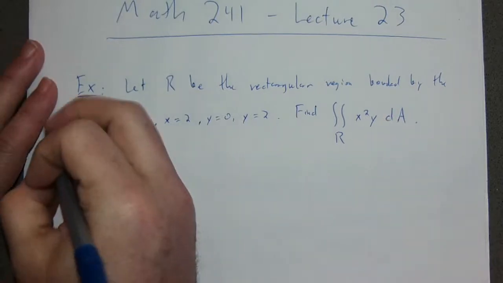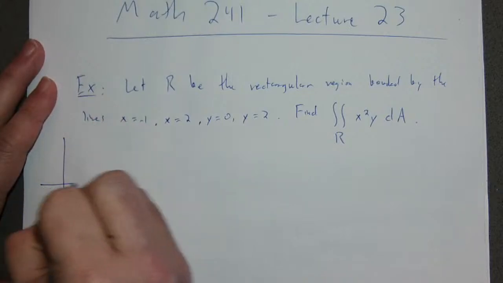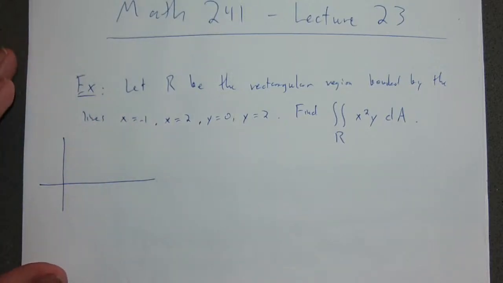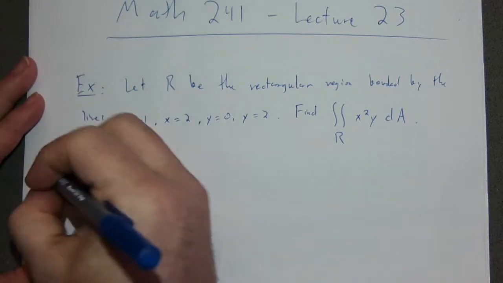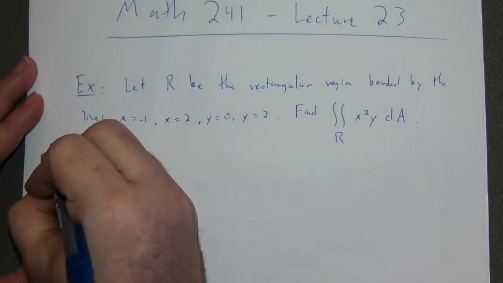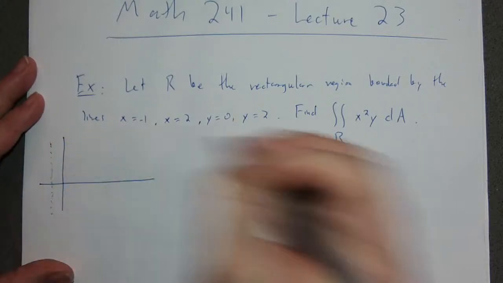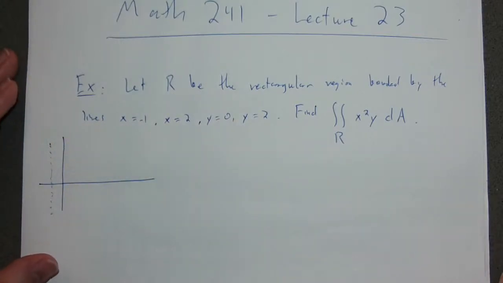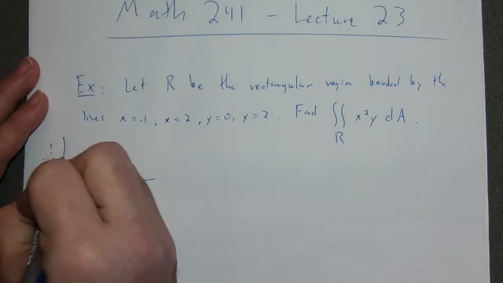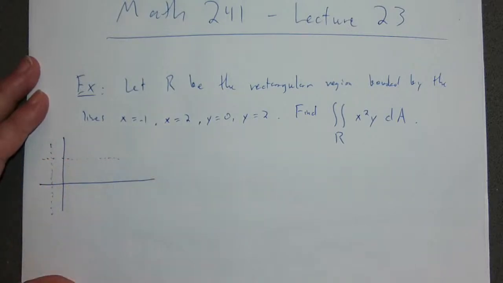So let's draw my region. What are my lines? My line's x equals -1, so there it is. There's the line x equals -1. x equals 2. That's what that looks like. Y equals 0.